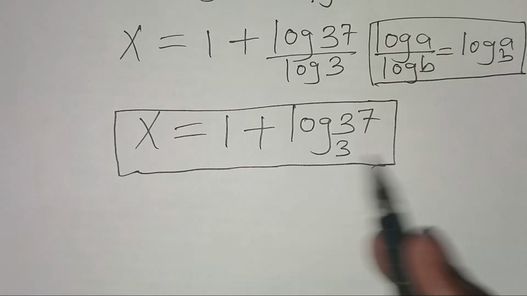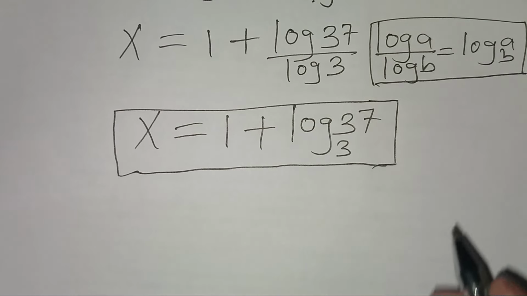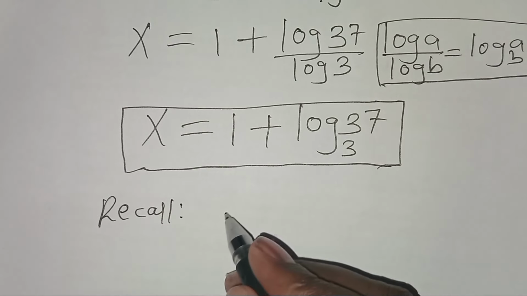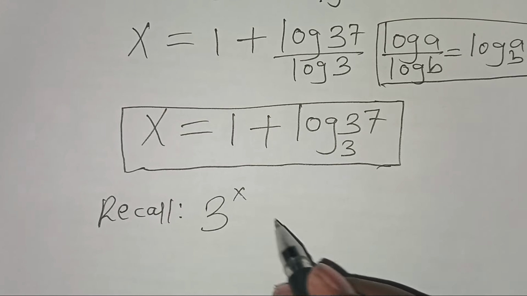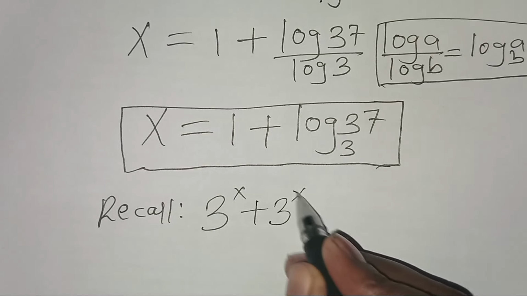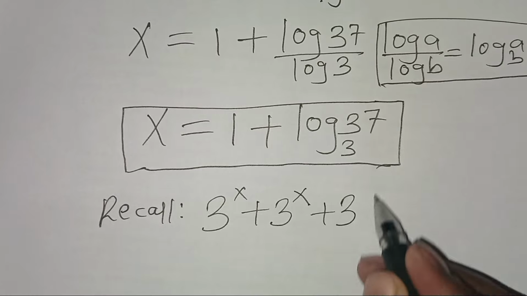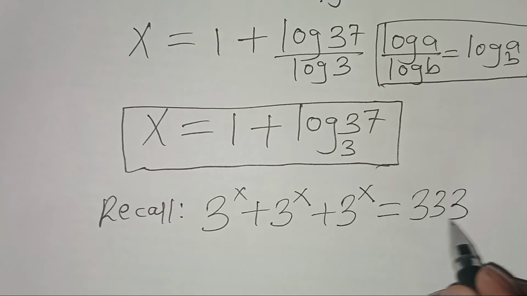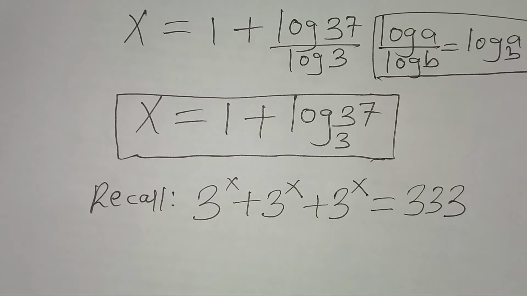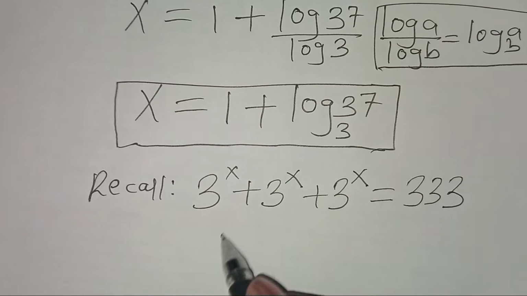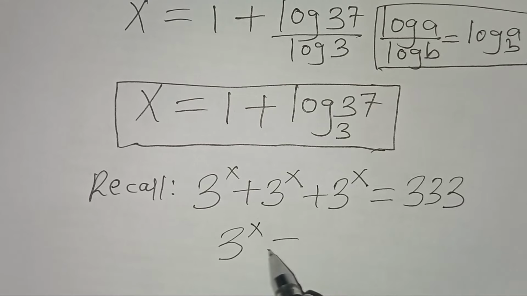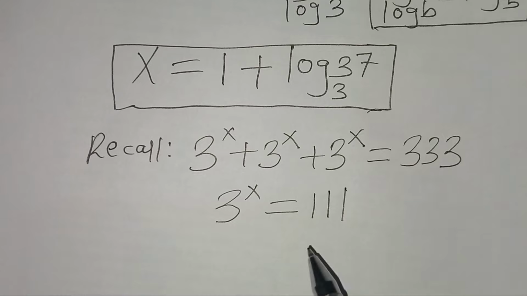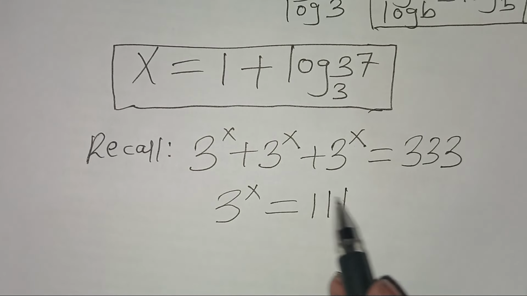Let's verify that this value of x satisfies the equation. If you recall, we had 3 to power x plus 3 to power x plus 3 to power x equal to 333. We simplify this further to 3 to power x equal to 111. So let's check if 3 to power x is equal to 111.